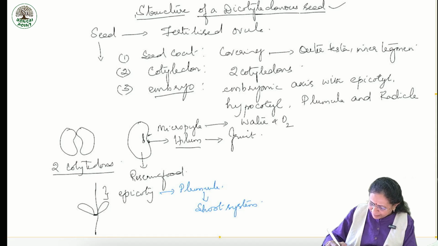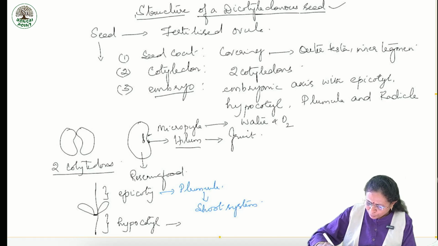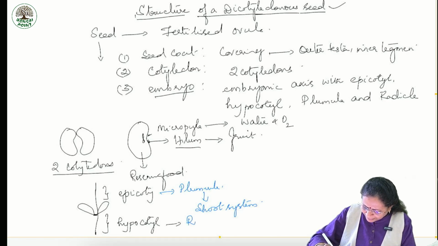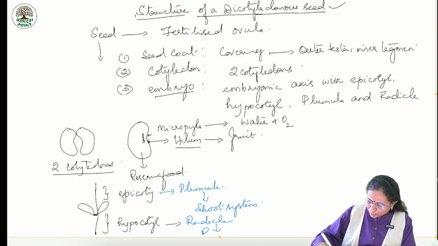On the other hand, what about this? This is the hypocotyl. It develops into radicle, which in turn gives rise to the root system.